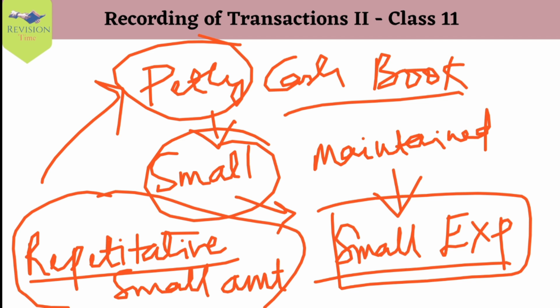If we start recording all such daily expenses in our main cash book, it becomes very big and long, and it creates confusion and ambiguity for those who refer to and use that cash book. To avoid such confusion, petty cash book is maintained, where it is very handy to understand what small expenses the business is incurring daily, and we record them in one book called petty cash book.